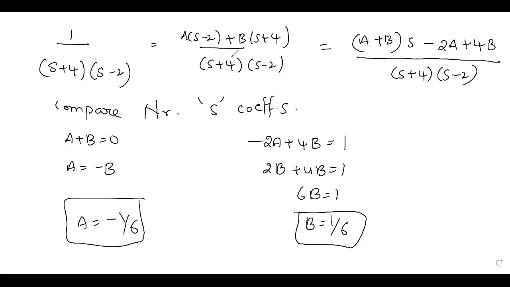Correct? So let us substitute now in X(s), and now you can easily find the inverse Laplace transform for all four cases. The given function X(s), 1 by (s plus 4)(s minus 2), is written as A by (s plus 4) plus B by (s minus 2).